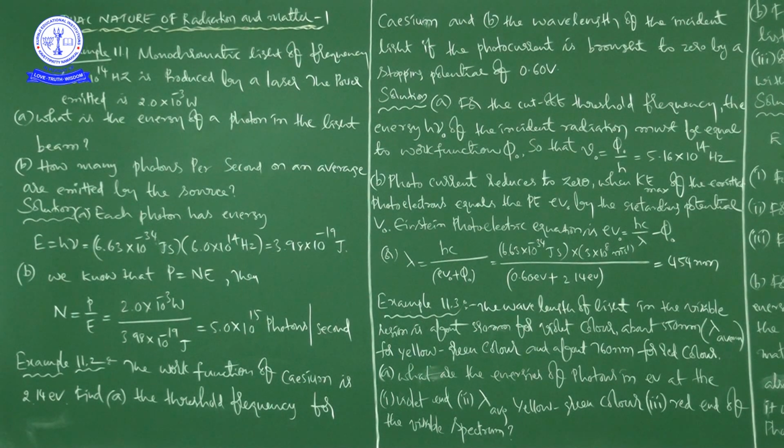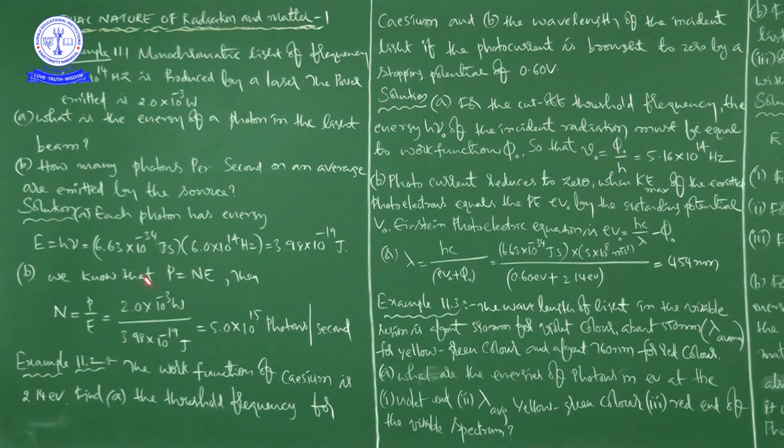It's a very simple thing. When we write one formula, you have to know the terms: P is the power, n is the number of photons emitted by the source per second, and E is the energy.